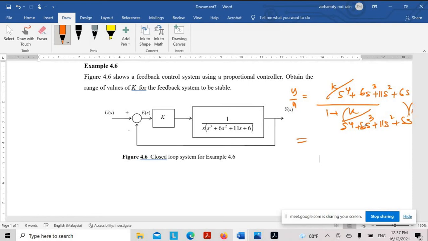So now the transfer function is K over S4 plus 6S3 plus 11S square plus 6S plus K.